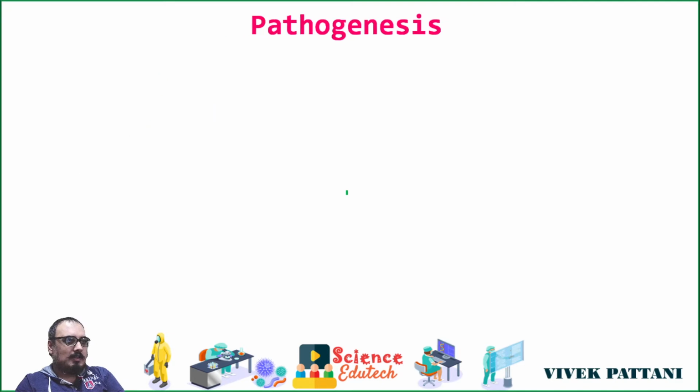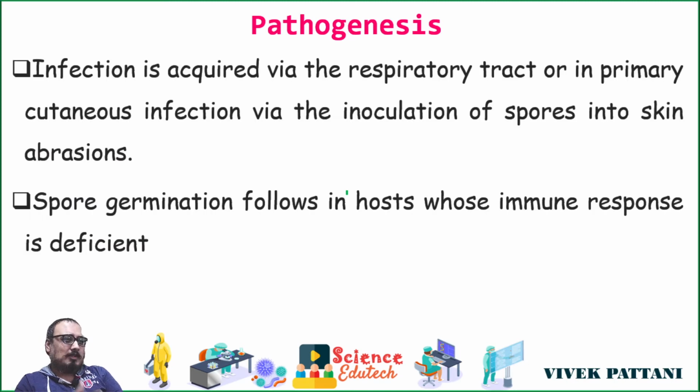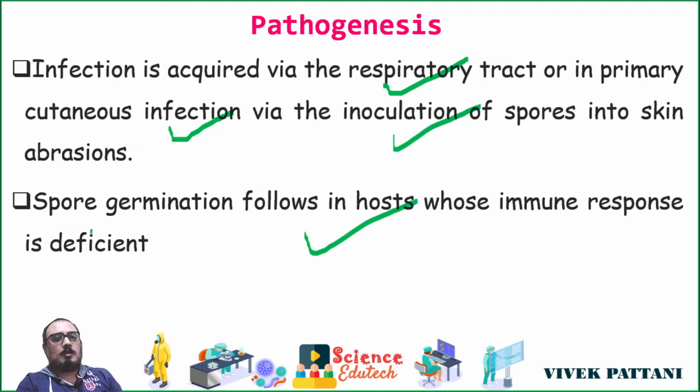Now, what are the signs and symptoms which appear in the case of mucormycosis? Starting with the pathogenesis. Infection is acquired via the respiratory tract, or as a primary cutaneous infection, or via inoculation of the spores into skin abrasions. These spores follow a host whose immune response is deficient, that is, patients who are immunocompromised.